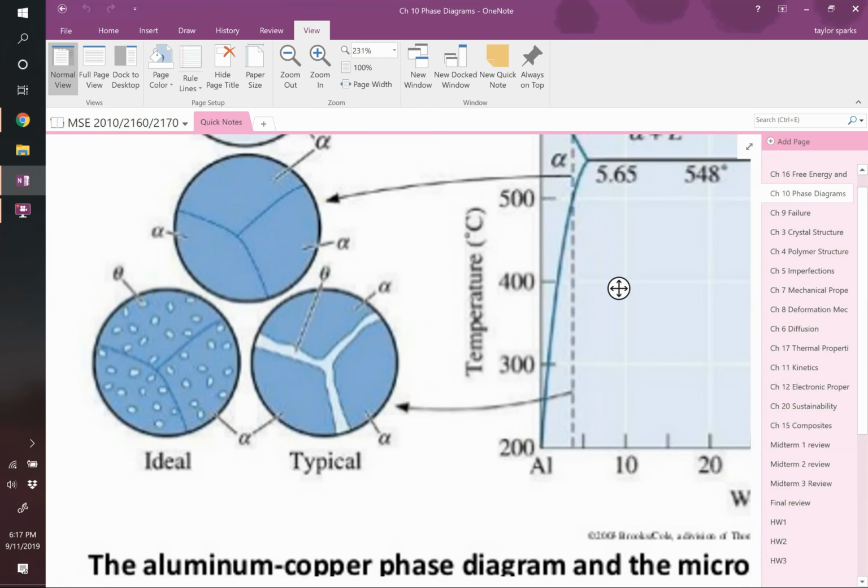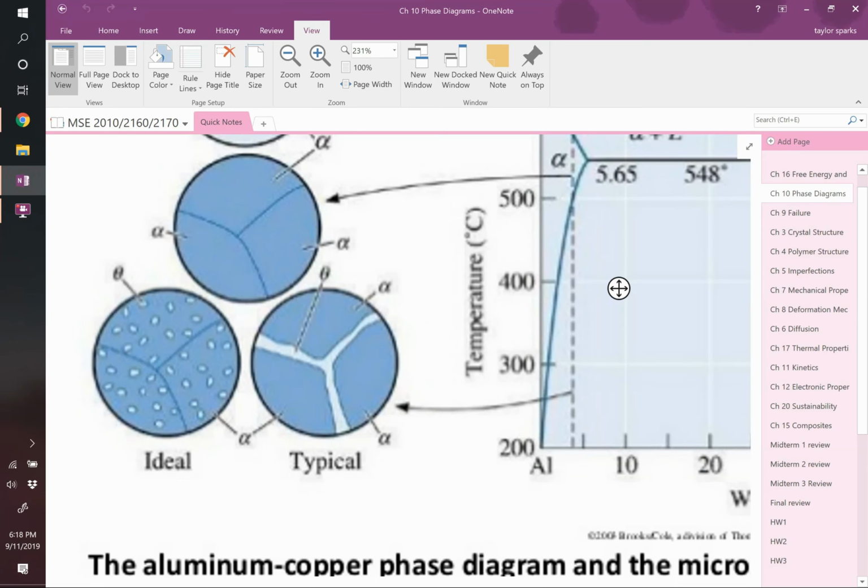Clarissa. Is the formation of precipitates solely based on how fast you cool it, or is there a certain point when it happens? You can quench it. So let's say we're in this diagram. You're at 550 or whatever it is, so it's pure alpha phase. If you quench it really quickly, you might avoid the formation of these precipitates, even though thermodynamically they want to form.